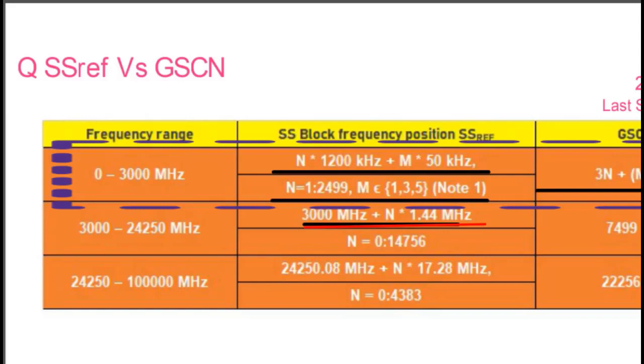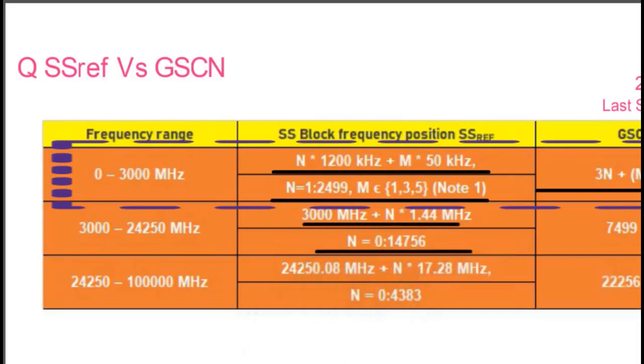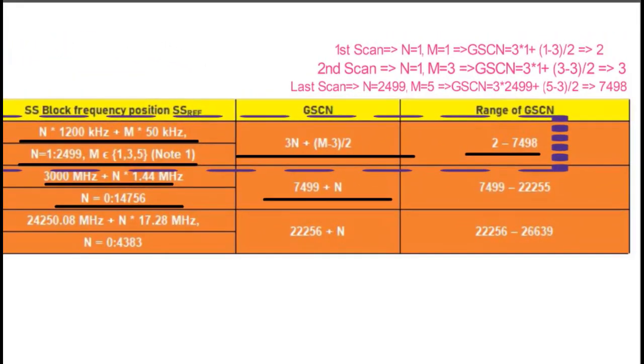The SSRF formula is 3000 plus N into 1.44 megahertz, and N equals 0 to 14756. The GSCN formula is 7499 plus N, so the range of GSCN is 7499 to 22255.